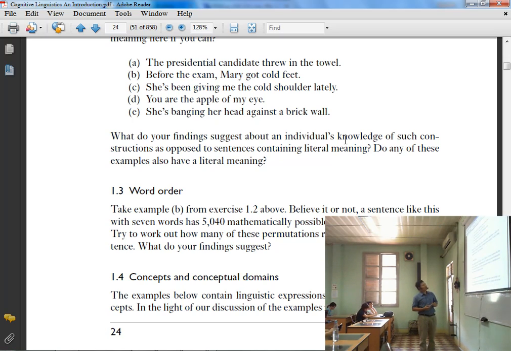But we know that there are only a few cases that make sense in a sentence. Right? Before the exam, Mary got cold feet. What else can you say using these 7 words?